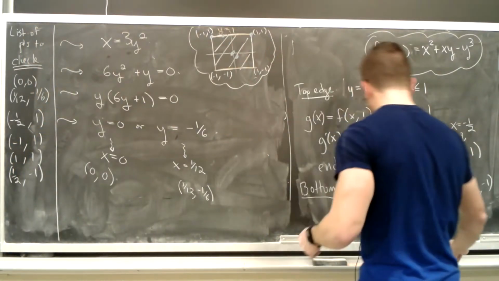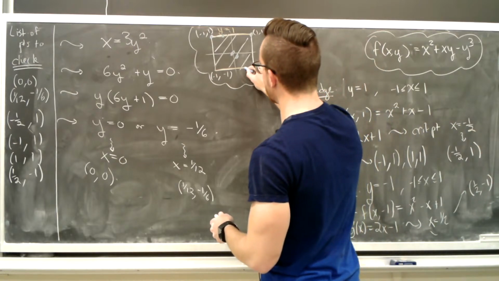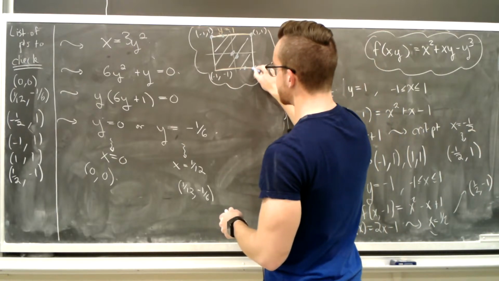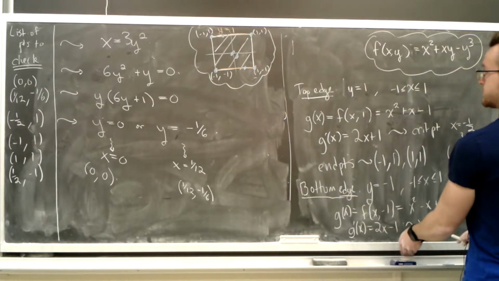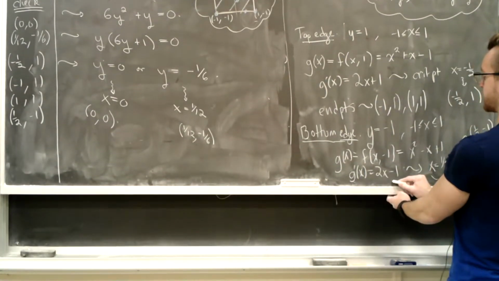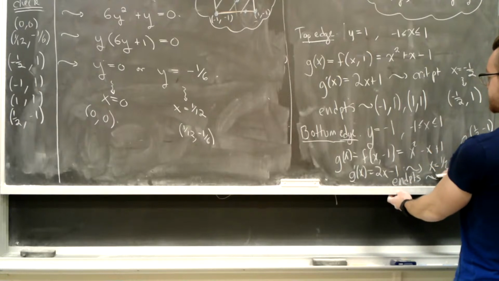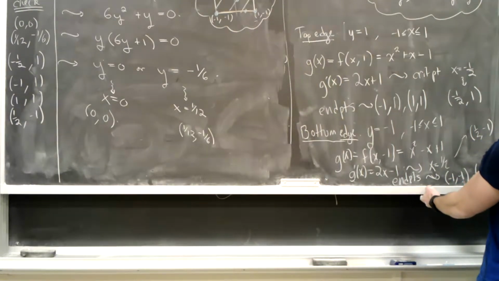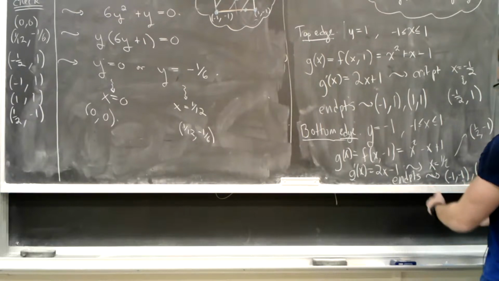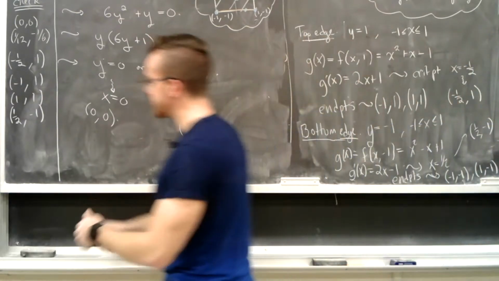Draw it on the picture. 1/2, -1 is here. And then we're also going to have to record the endpoints. I'll annoyingly squeeze that down in here. Endpoints give us the other corners, -1, -1, and 1, -1. So I'll add those to the list.